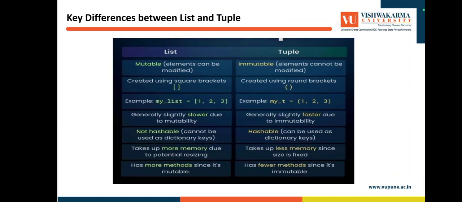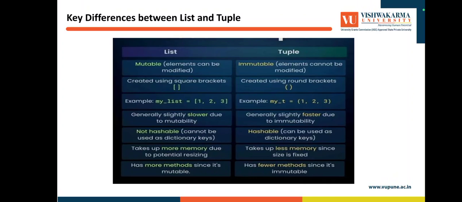In a list, my list 1, 2, 3 is an example, whereas in my tuple we pass the values 1, 2, 3 and store them in round brackets. A list is generally slightly slower due to mutability. A tuple is immutable, so it is slightly faster than a list.